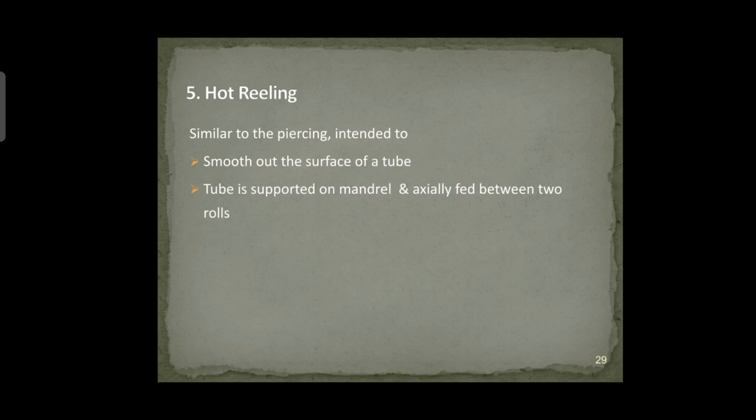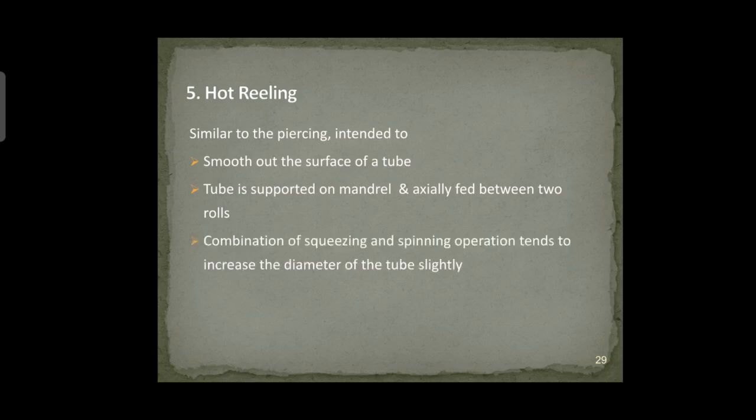It means the tube is already heated, and some rolling action is applied over it with rolls. Again the mandrel is utilized here. So the tube is supported on the mandrel, and we are axially feeding it between the two rolls.